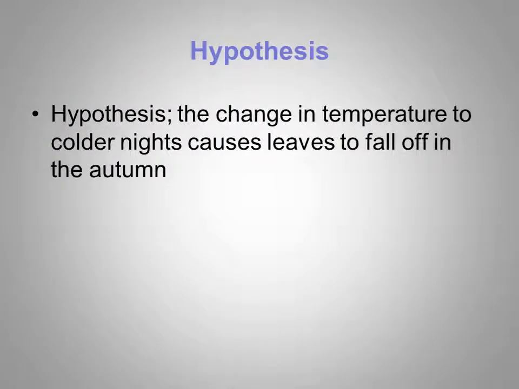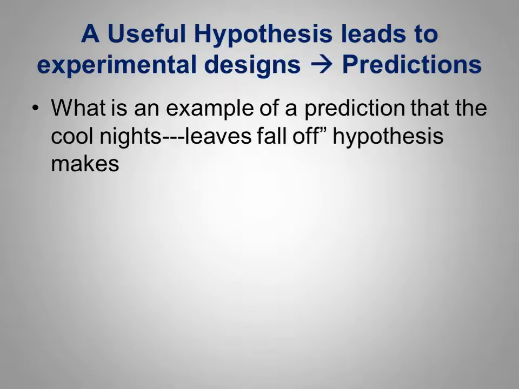So let's get back to our experiment and observation, in which we made the hypothesis that it's the change in temperature to colder nights that causes leaves to fall off in the autumn. So our hypothesis will lead us to designing a particular experiment, which we should also then be able to predict possible outcomes.